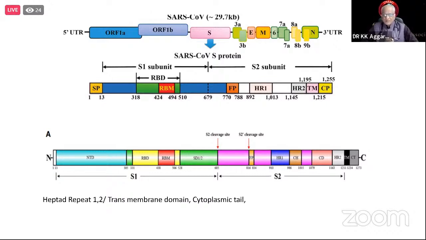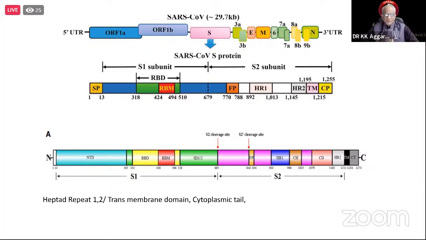Most of them are enzymes, and they carry a lot of importance. E, M, and N. N is responsible for nucleocapsid interferon resistance. Nucleocapsid, if it mutates, will change the way interferon works as the primary action.